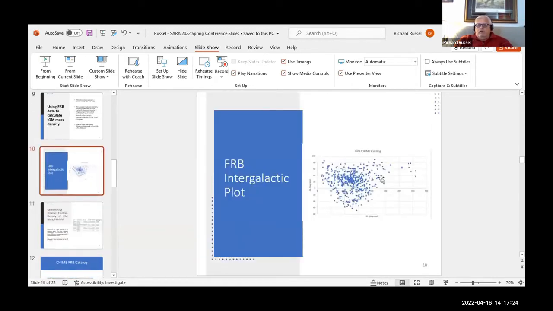This is a plot of all the FRBs from the CHIME catalog. Now, it's a lot different here because these are in megaparsecs, big distances. So if I just plotted the Milky Way, it'd be a very small piece of this right on top of it.